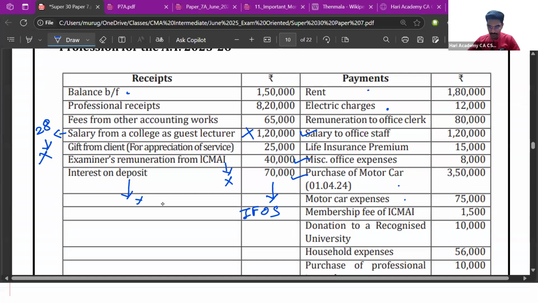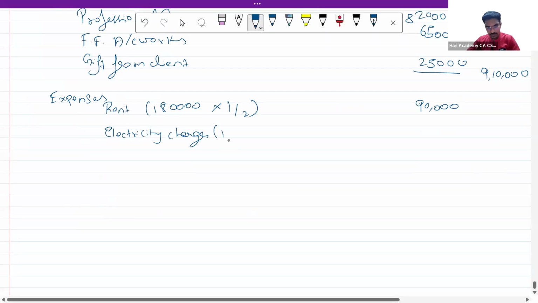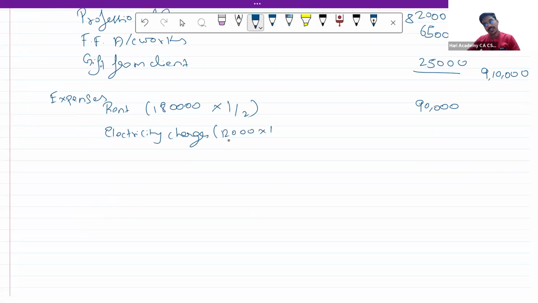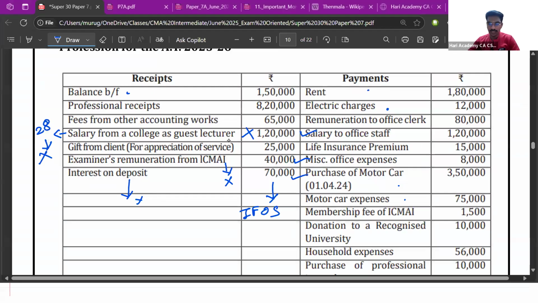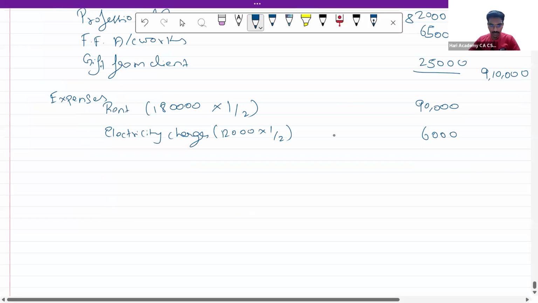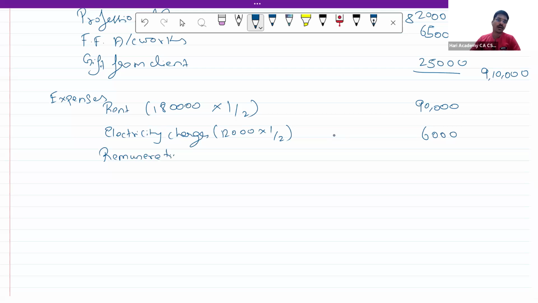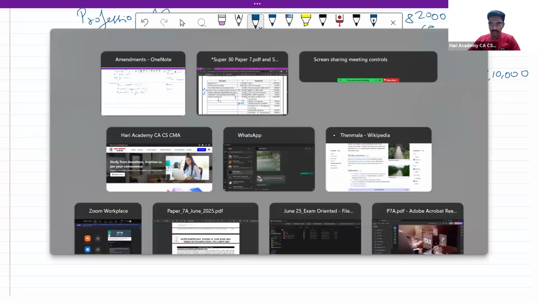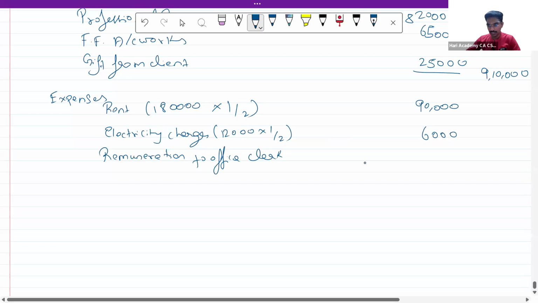The amount is 12,000. Of these 12,000 also, only half is allowable as deduction. So that is 6,000. Third point is remuneration to office clerk. This amount is fully allowable, 80,000.